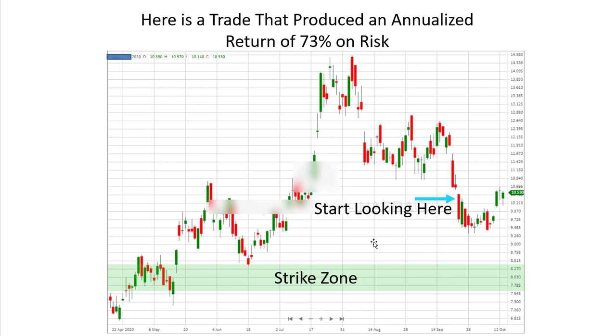I think it was a $9 put. And that one exited, and then the market came down a little bit, and I was able to swap it and move the strike zone down here. So on this particular trade, I was able to produce a 73% annualized return on risk. And so there are ways to increase your overall annualized return and to reduce your overall risk.